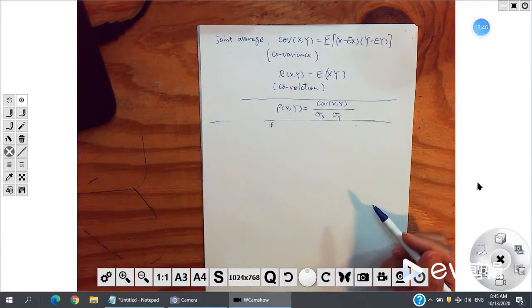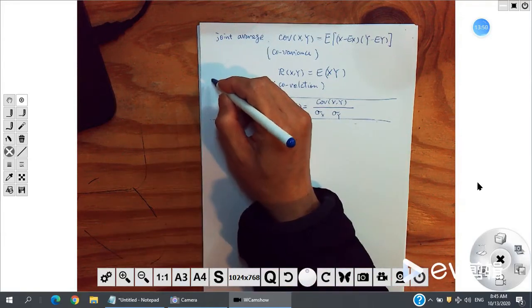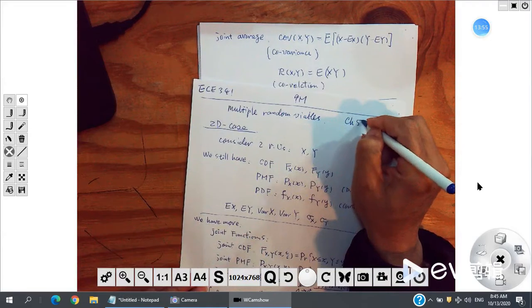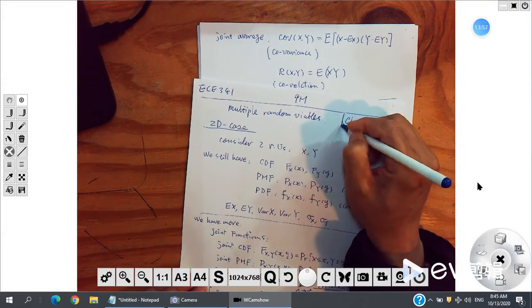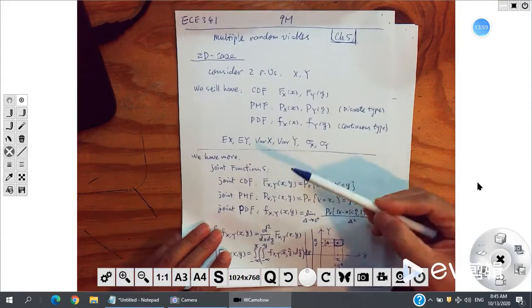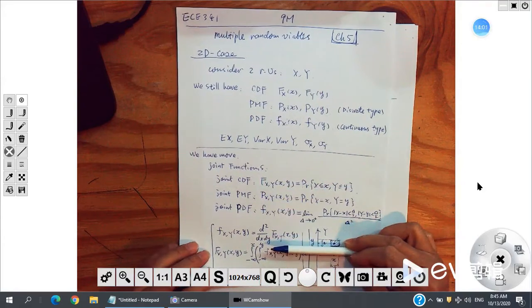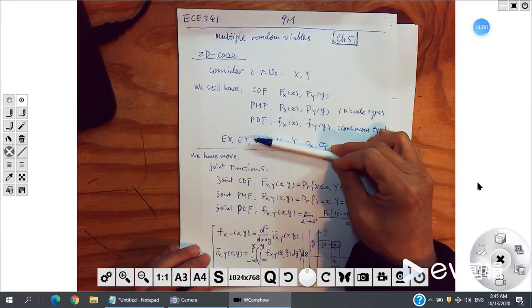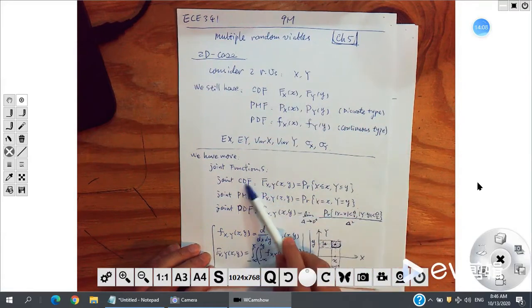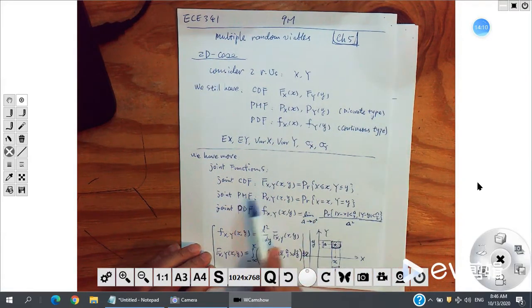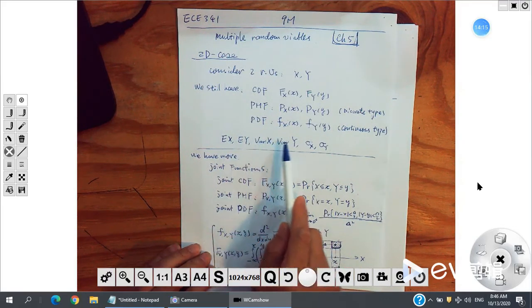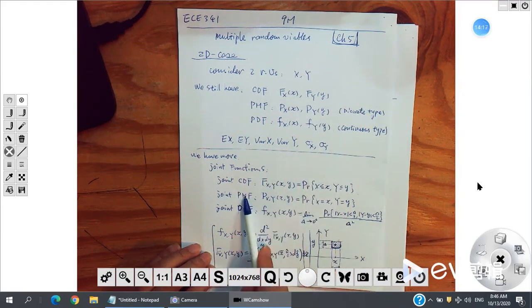In the textbook, that is chapter 5. In the textbook, all these things are discussed step by step, similar to how we studied these before. One section about the CDF, one section about the PMF and discrete type, then EX, variance X, variance Y for discrete type.